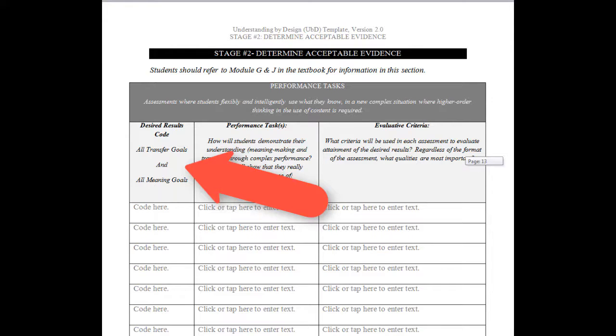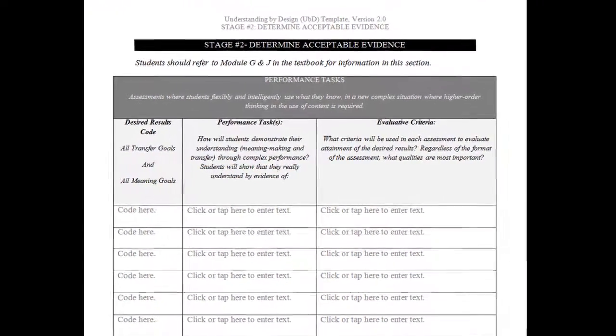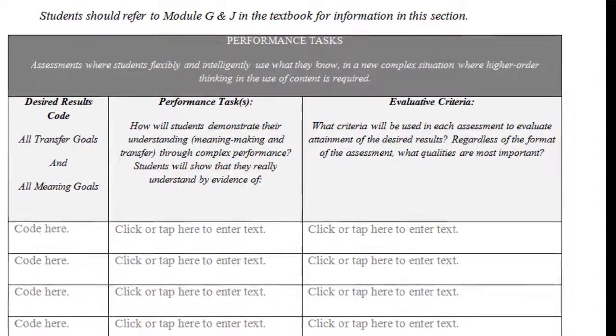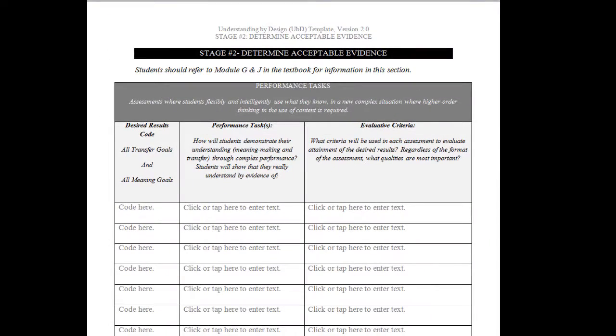Now, what I've been doing to make sure I don't miss anything is I first go to the right-hand column and determine the criteria that needs to be evaluated. To do that, I evaluate the transfer and meaning goals and come up with a measurable criteria list.